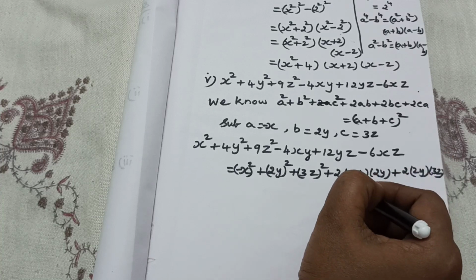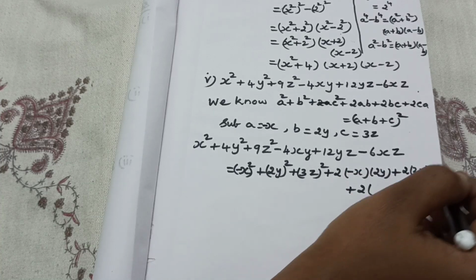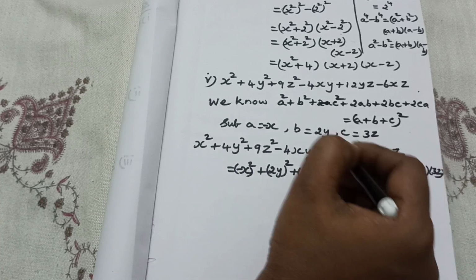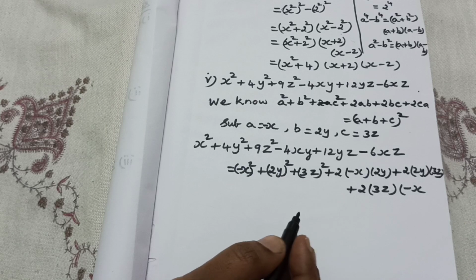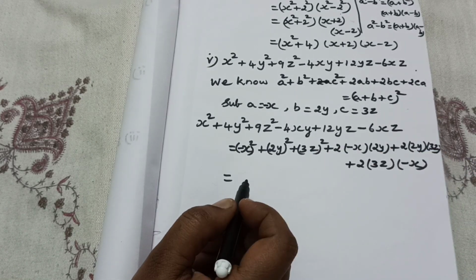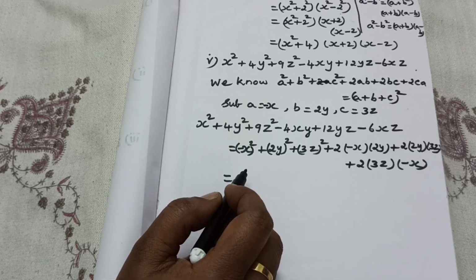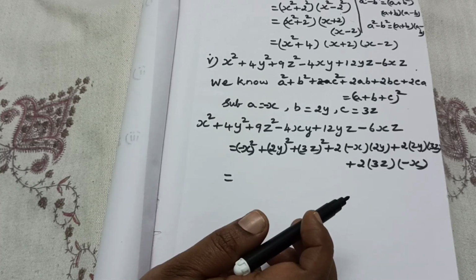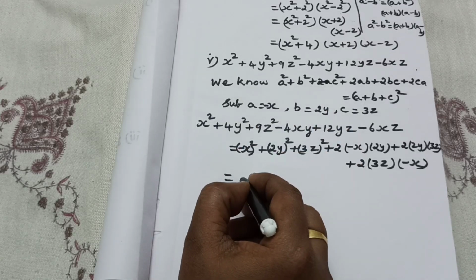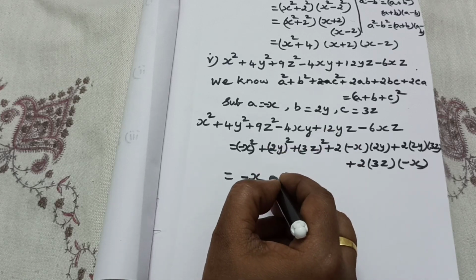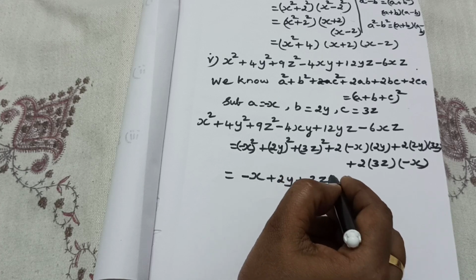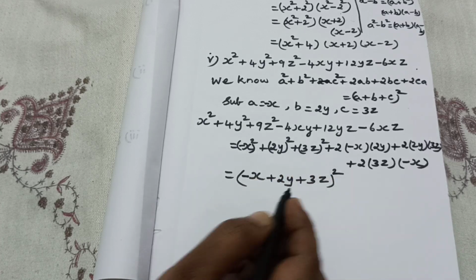Okay, then plus 2ca, 2 into c is 3z into a is minus x, then equal to, this one we can write as what? This one, which form? a plus b plus c the whole square. That means here a means minus x plus b is 2y and plus 3z the whole square.